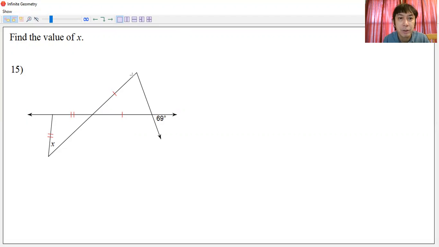This is a straight line, and here is another straight line.